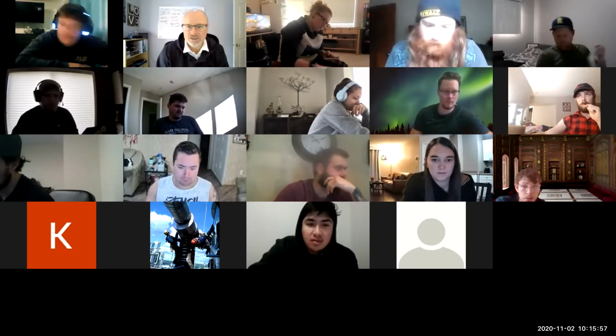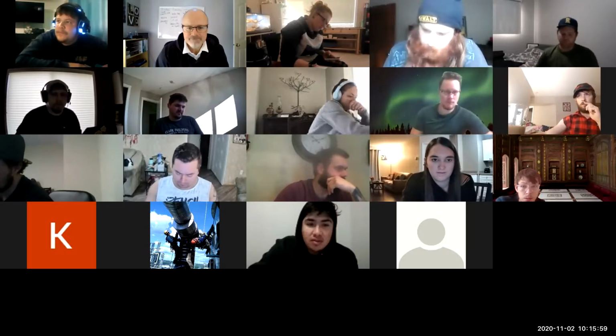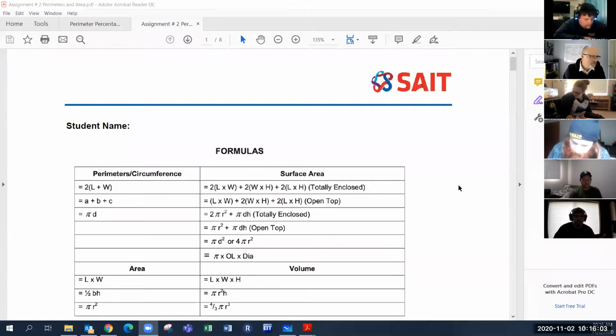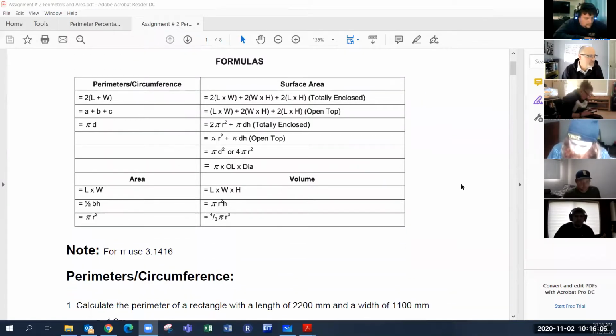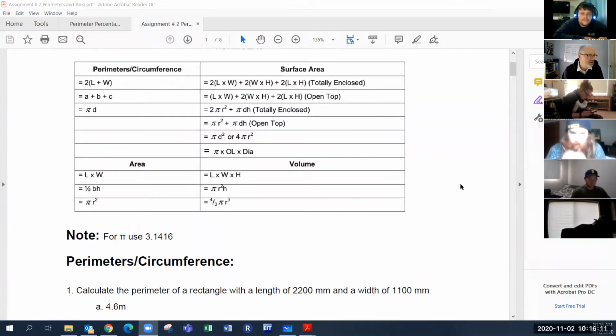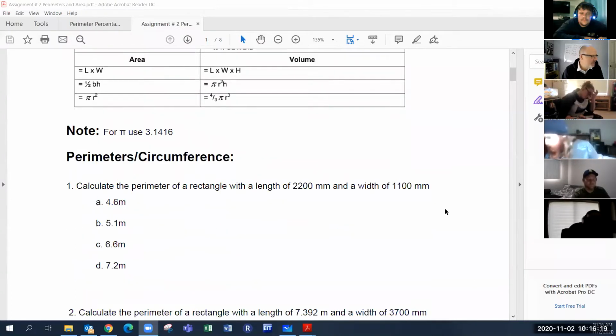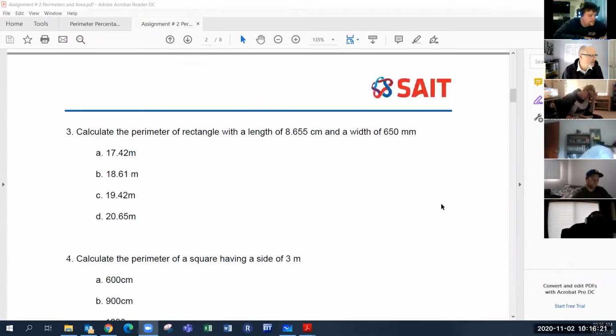Let me share my screen again. So if you pull up that assignment, you will see some formulas right on the front page. And if you want to print that off, you most certainly can. That's the only way you're going to see that formula sheet that is on there. And let's go down to number 3.